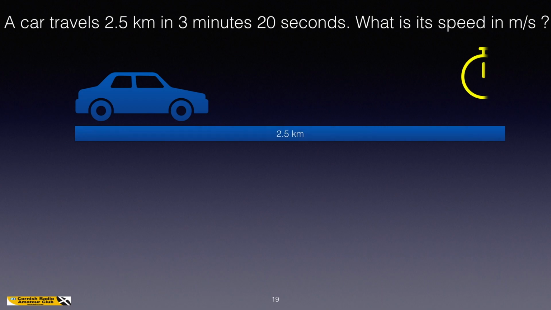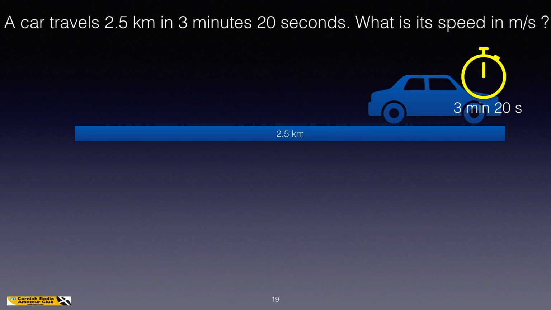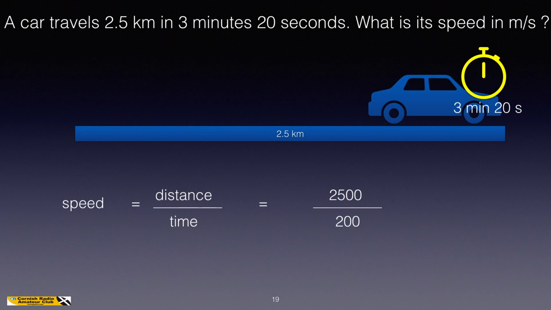There's a car on the road, and there's a stopwatch, and it's travelled 2.5 kilometers in 3 minutes and 20 seconds. So, remembering that speed equals distance over time, it would equal 2,500 meters, that's 2.5 kilometers expressed in base units or fundamental units, divided by 200. Why 200?